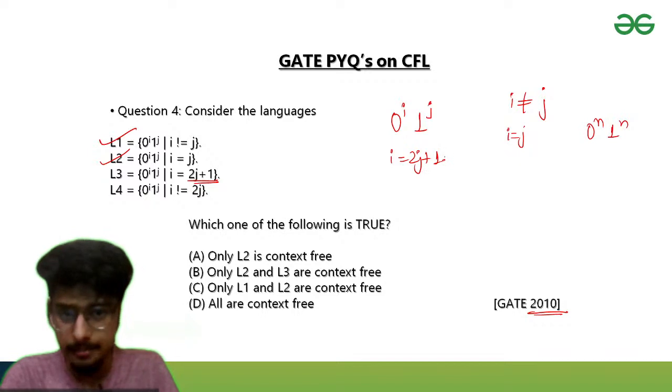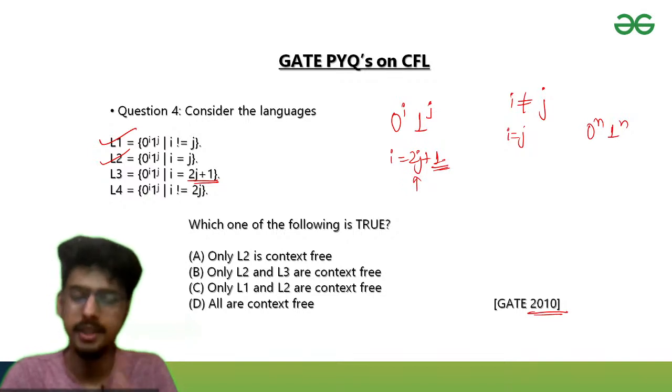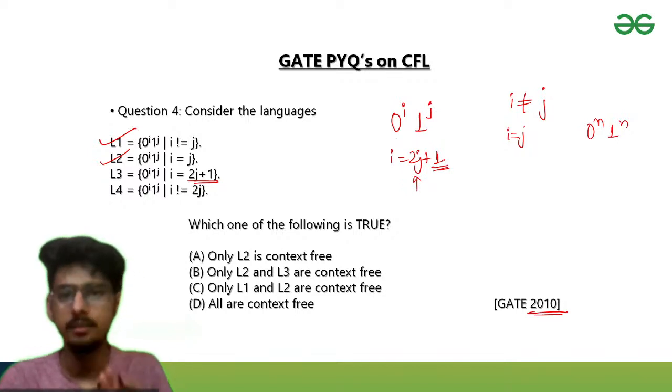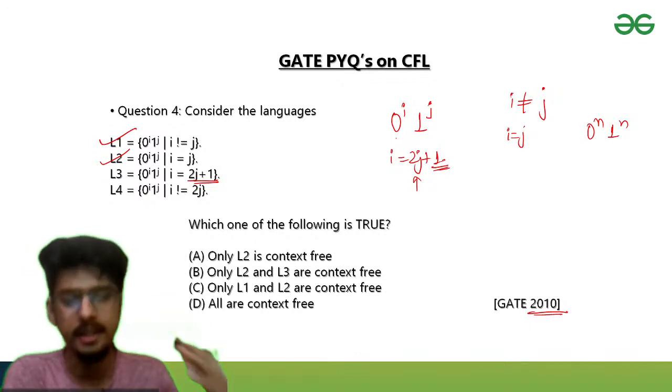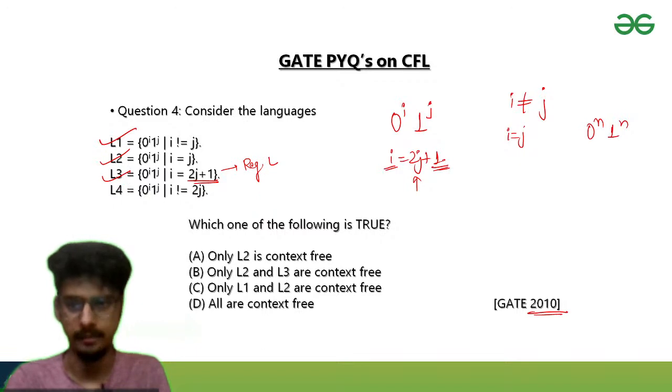So this 1 is going to be constant, only the power is going to increase by 2 every time. 2j will be 2, then 4, then 6, and so on, 4 plus 1, 6 plus 1, the power of i will be equal to that. So it is actually following a pattern, and as I told you, whenever you see a pattern, that language will be a regular language. And if it is regular, it is definitely context free. So L3 is also a context free language.